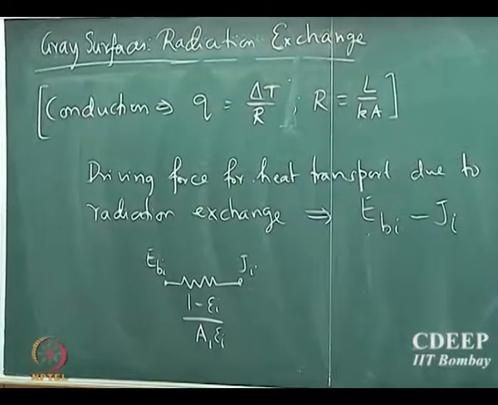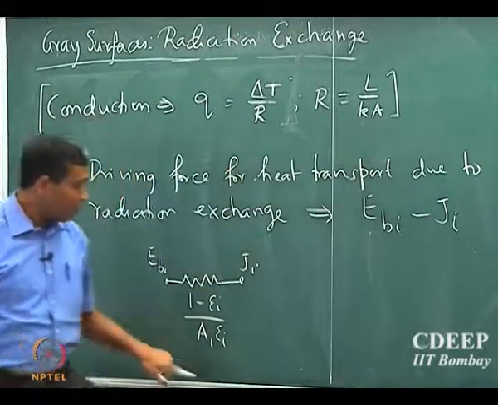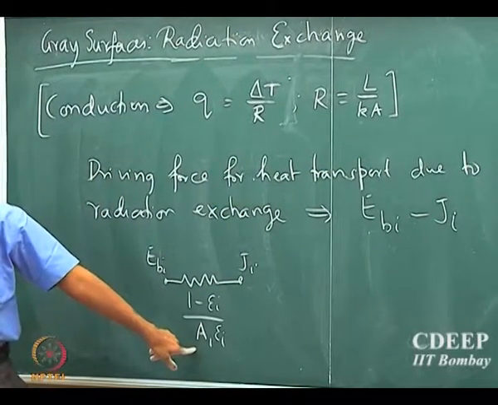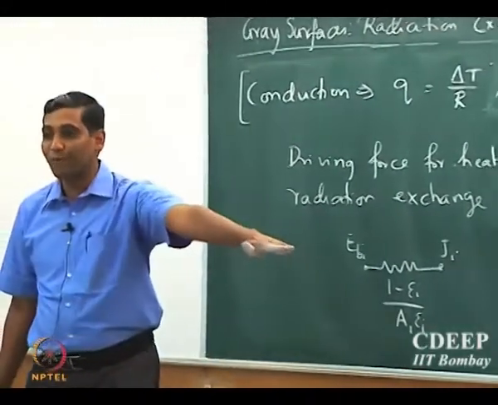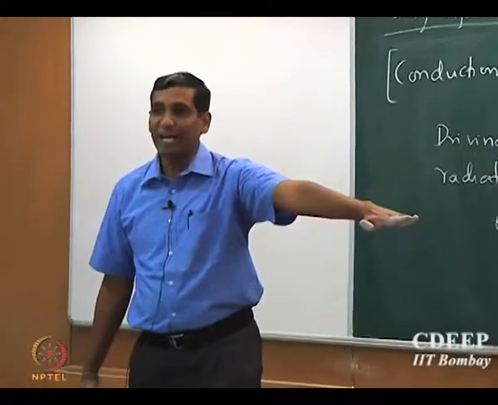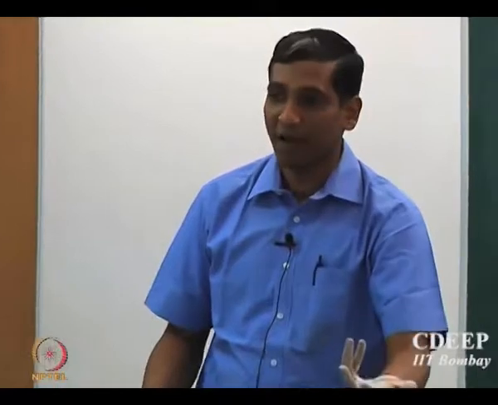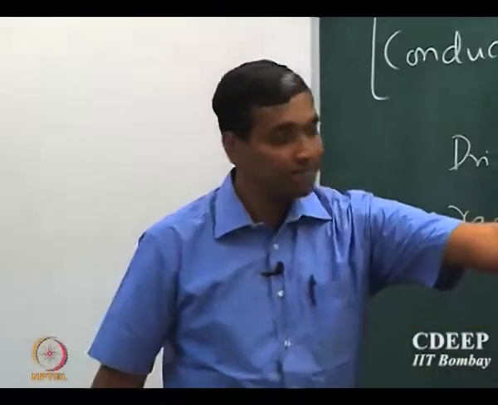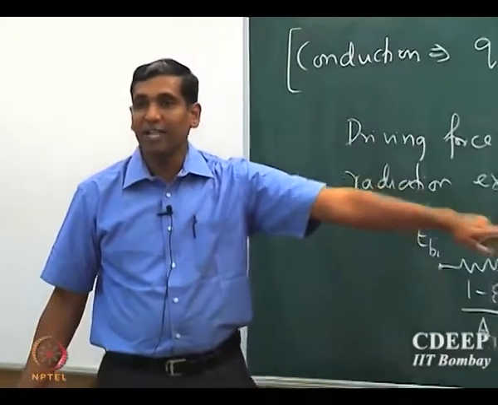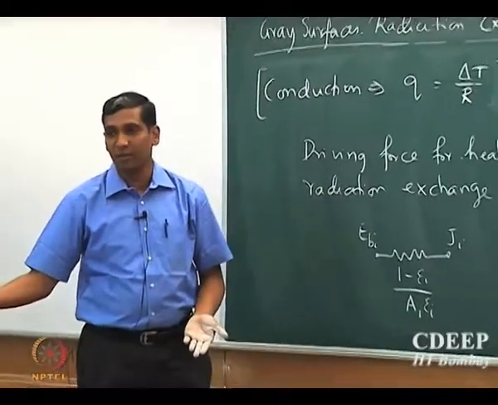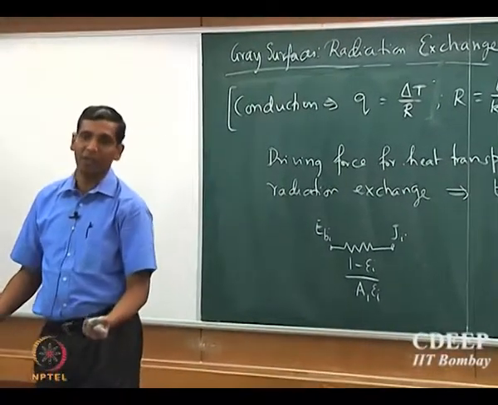So you have to understand the difference. This is a cross-sectional area process, whereas this is a surface area process. So this is the resistance offered by the properties of the surface for net radiation that is either absorbed by the surface or emitted by the surface. If Q is positive, there is net radiation emitted by the surface, and if Q is negative, there is net radiation absorbed by the surface.